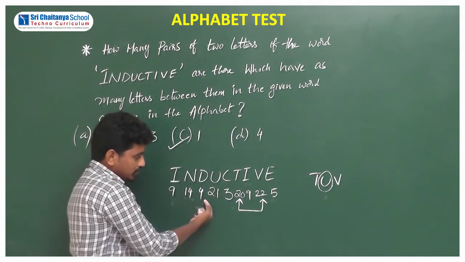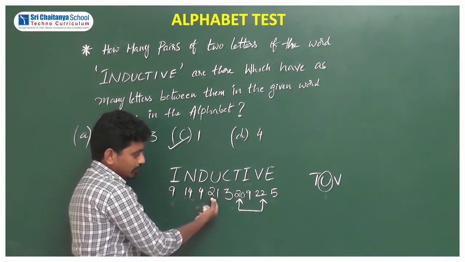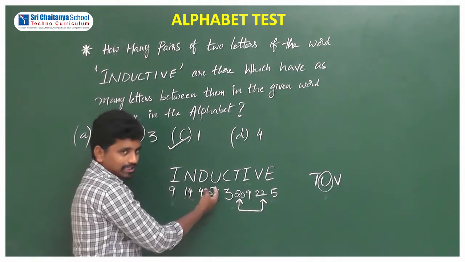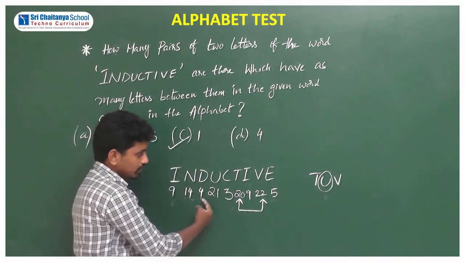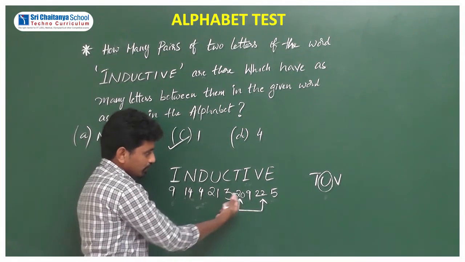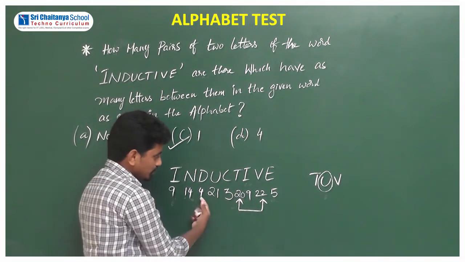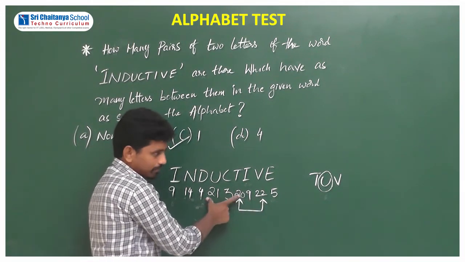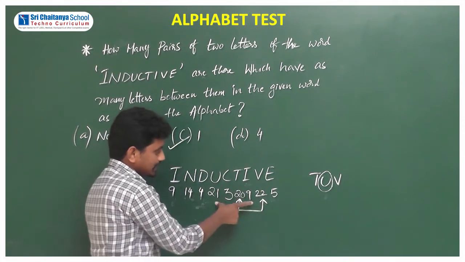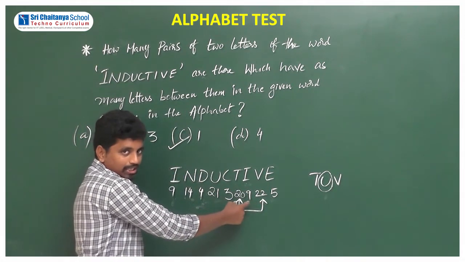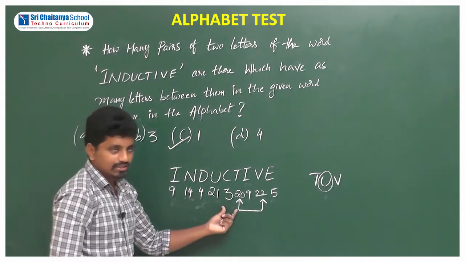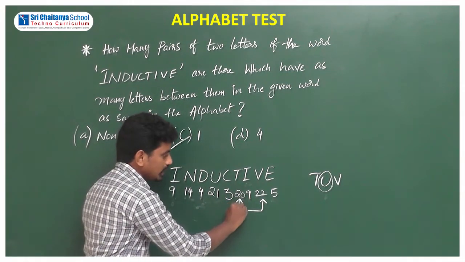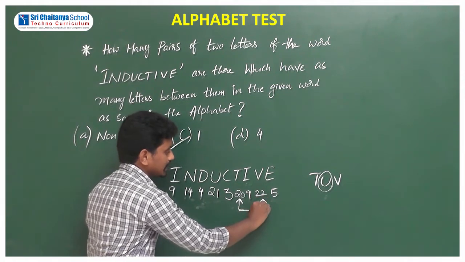If you take 4 and 21, more letters should be there, but they are side by side. 4 and 3 not possible, 4 and 20 not possible, 4 and 9 not possible, 4 and 22 more letters should come, and 4 and 5 side by side, but they gave so many letters in between. Like this, if you tally each and every letter, this is the only pair we'll get.